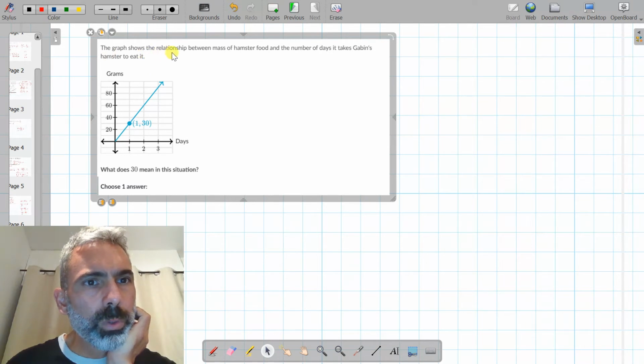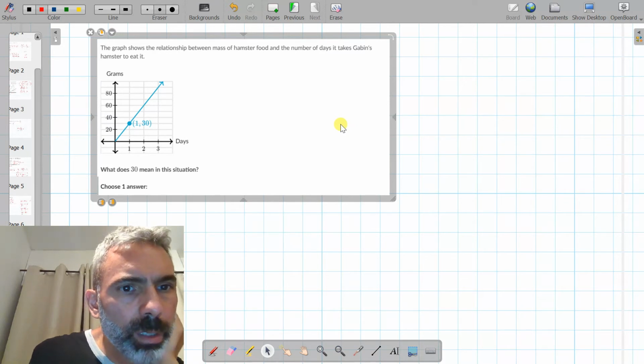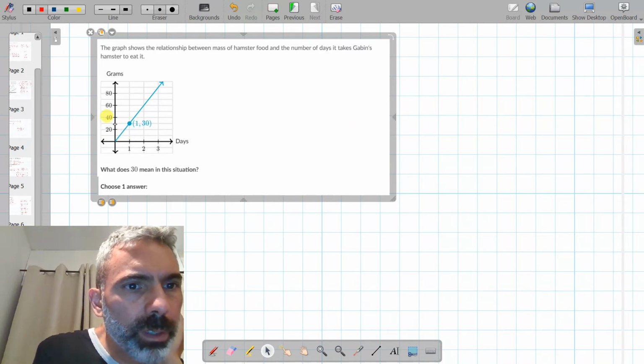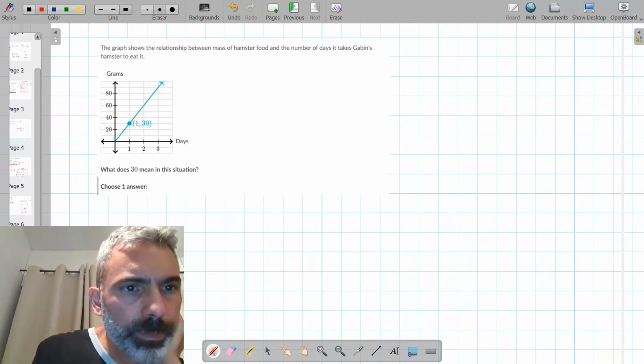The graph shows the relationship between mass of hamster food and the number of days it takes Gabin's hamster to eat it. Okay, so 1 day and 30 grams. You see here 1 and 30. So the x represents the number of days and the y-axis represents the number of grams.